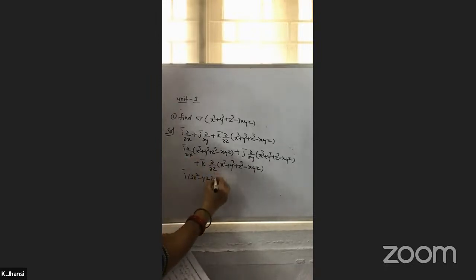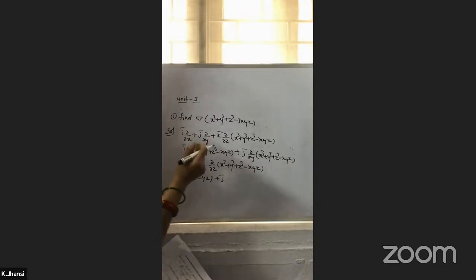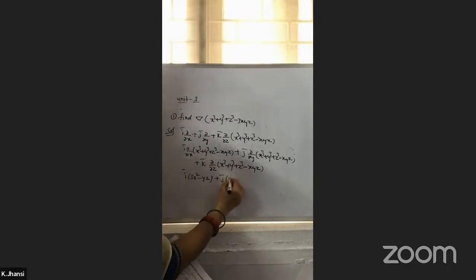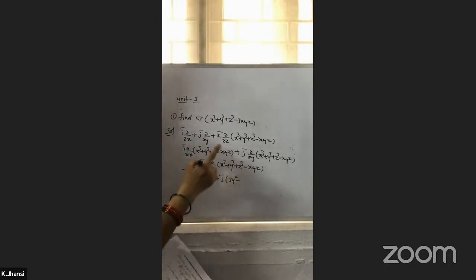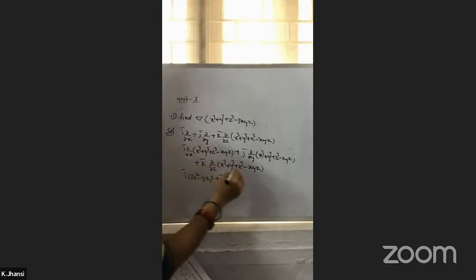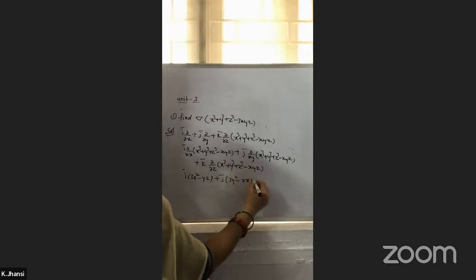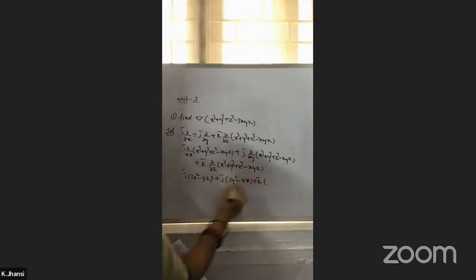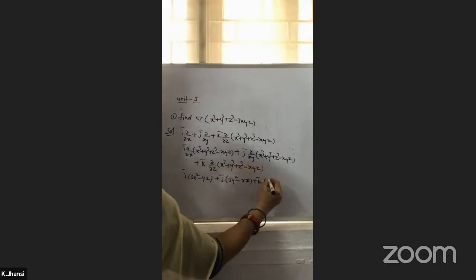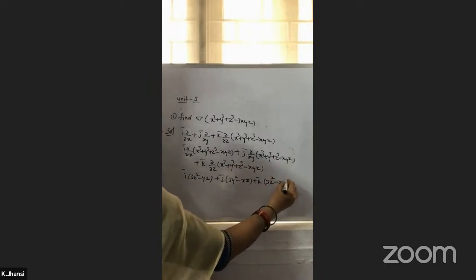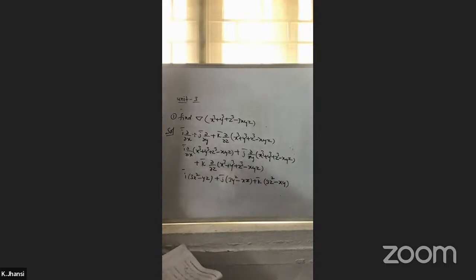Next, plus j into dou by dou y: y cube gives 3y square, minus xz. And next, plus k into z cube gives 3z square minus xy.